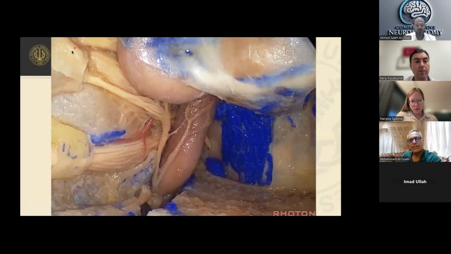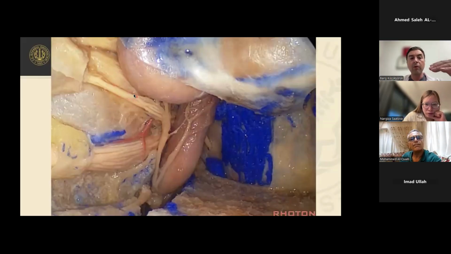So this is the superior orbital fissure, where the third nerve and sixth nerve are located. In this view, the most medial cranial nerve is the sixth nerve. Just above and a little bit lateral to it, covering the lateral margin of the sixth nerve, there is the first division of the fifth nerve.